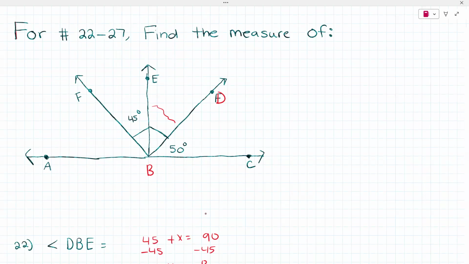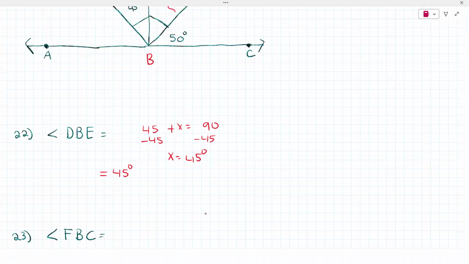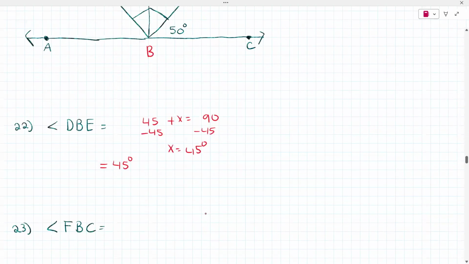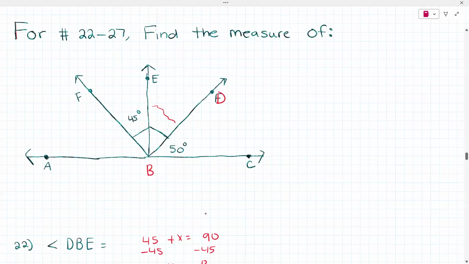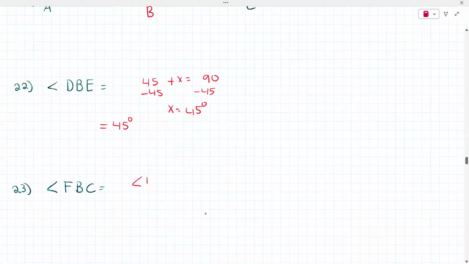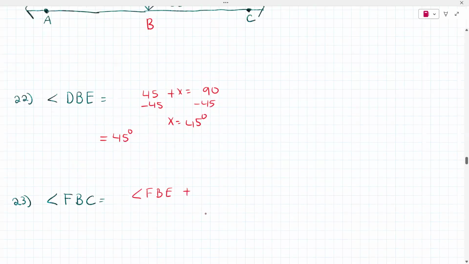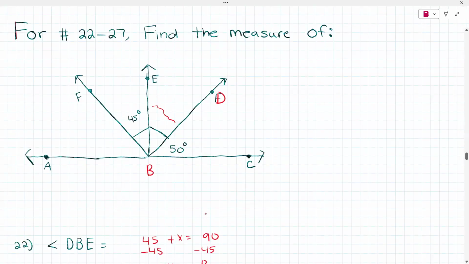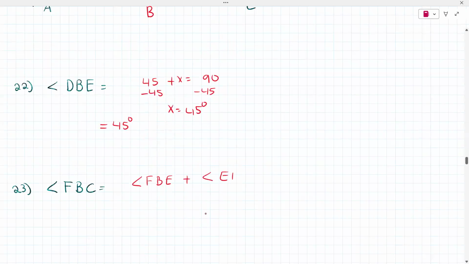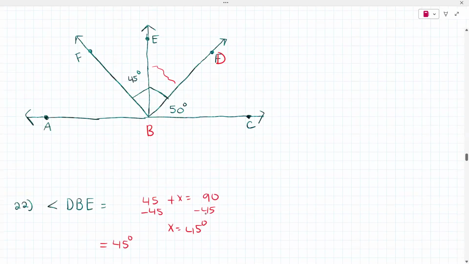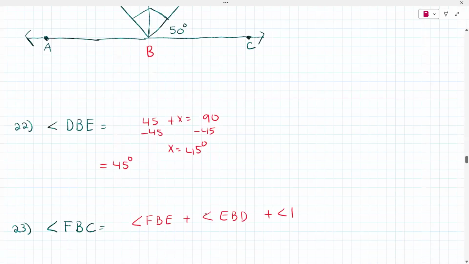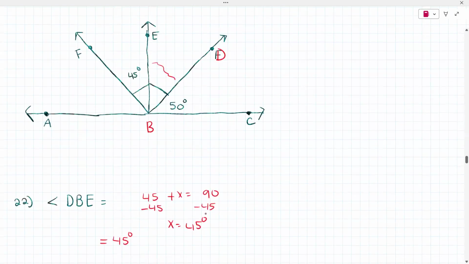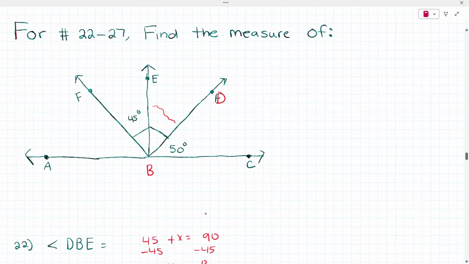So FBC is a mixture of angle FBE plus angle EBD plus angle DBC.